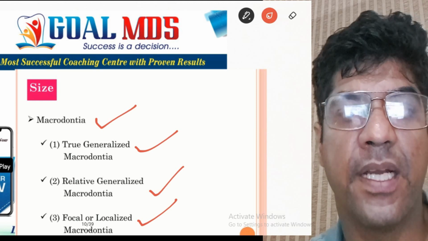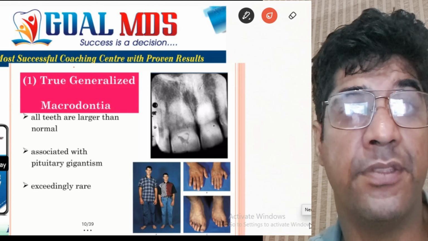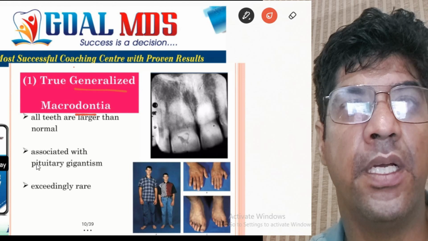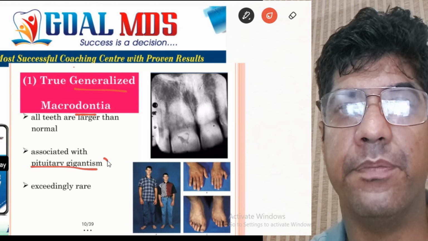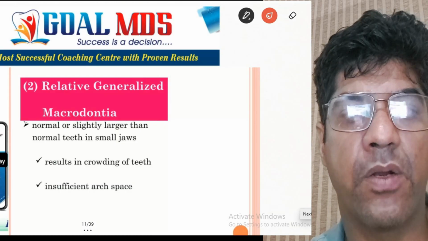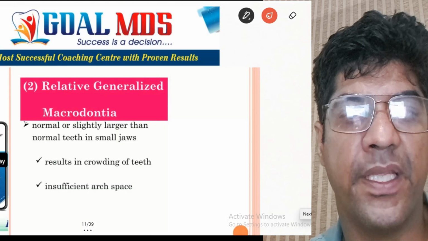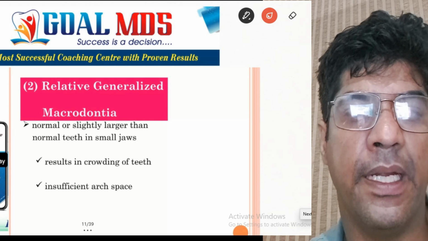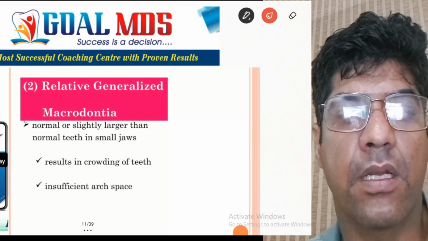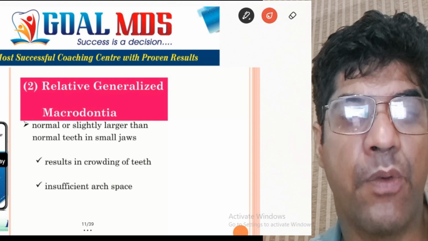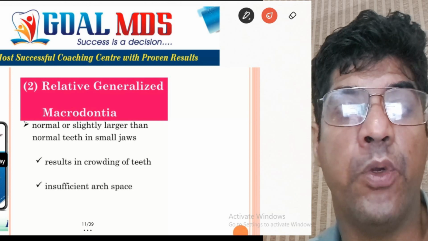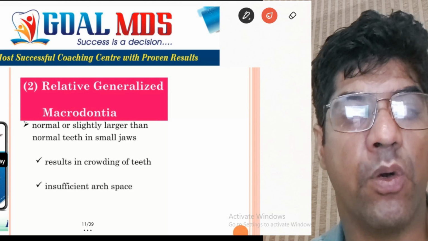It is associated with pituitary gigantism. The relative generalized macrodontia is when the teeth appear larger, but it's because they are crowded within a small jaw. So the teeth here might look bigger due to lack of space in the jaw.